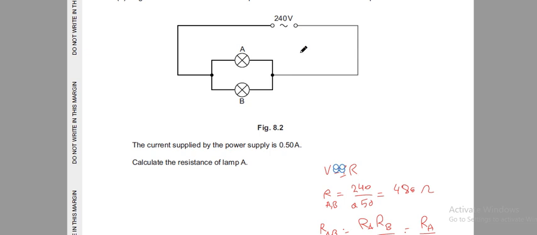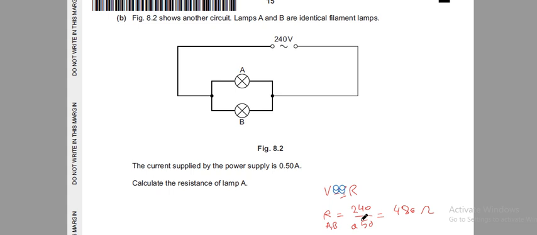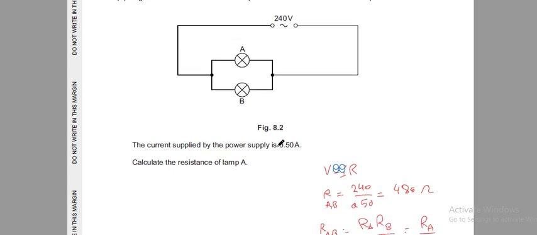And as we have the current through the circuit 0.5, we should find the equivalent resistance of the two. This equivalent resistance is V over I. V is given, 240, over I, 0.5. So we have the equivalent resistance of the whole circuit, 480 ohm.